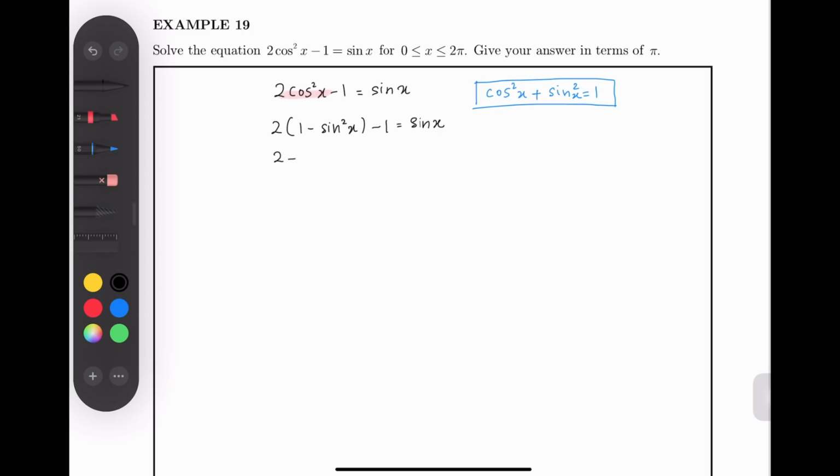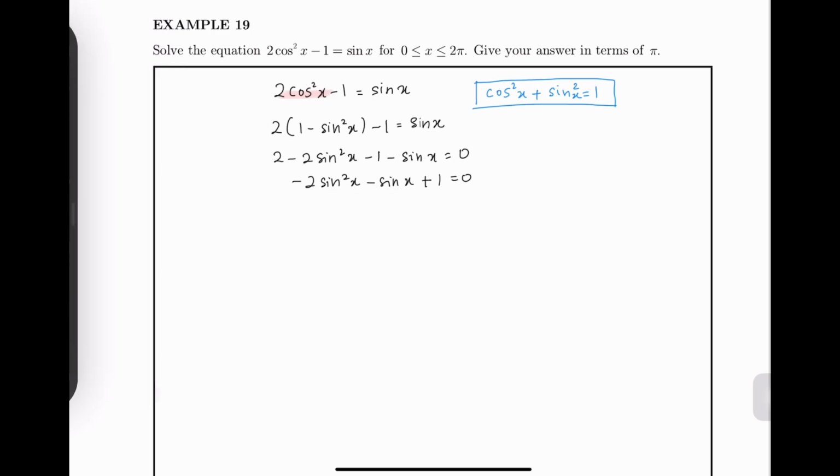Expand to get 2 minus 2 sin square x minus 1 and bring sin x to the left hand side to equal 0. Negative 2 sin square x minus sin x plus 1 equals to 0. Before we can factorize, we have to make sure that the coefficient for sin square is positive.